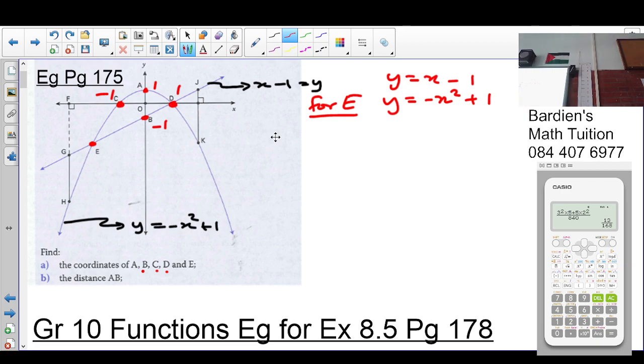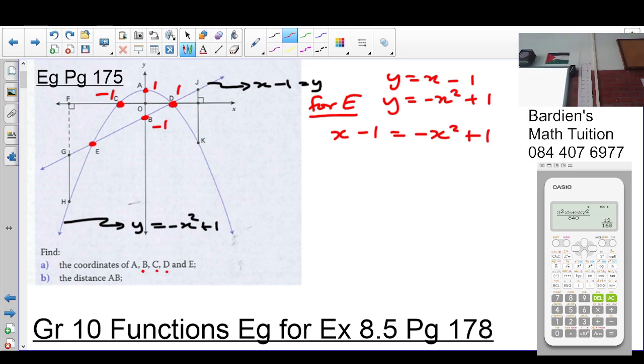So we're doing simultaneous equations in other words. But you can't do it by elimination here. Not going to help us much. So what we do is we set the two graphs equal to each other. So if y is equal to x minus 1 and y is equal to negative x squared plus 1, then x minus 1 has to be equal to negative x squared plus 1.